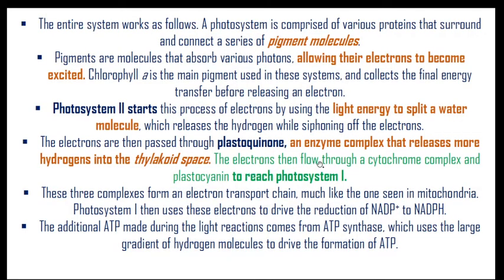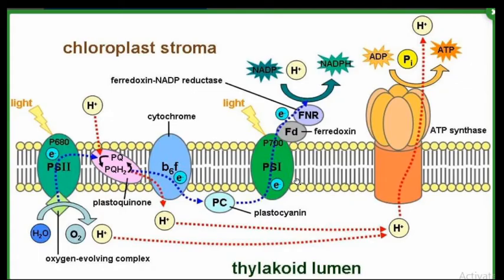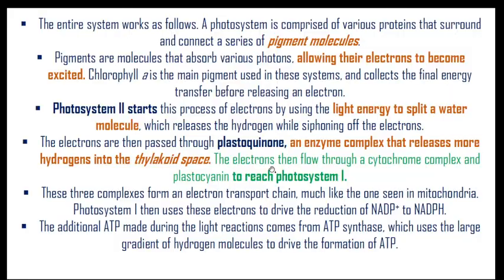The electrons then flow through the cytochrome complex and plastocyanin to reach photosystem 1. So here are the plastocyanin and cytochrome, and the electron is passed from cytochrome to the plastocyanin and reaches photosystem first. And within photosystem first, these three complexes form an electron transport chain, much like the one seen in the mitochondria.